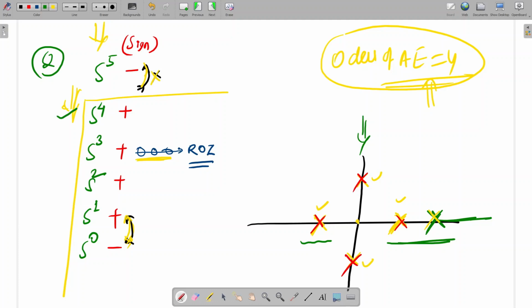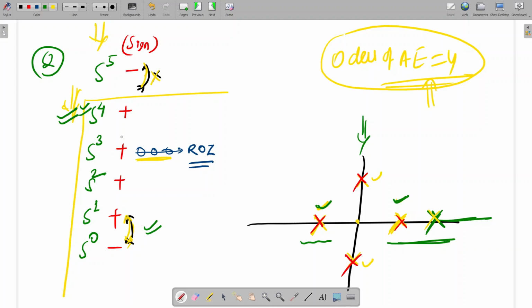Step 1 is the order of auxiliary equation is 4. So 4 poles will be there, which will be symmetrical with respect to origin. So if you go below the auxiliary equation here, one sign change is there. So out of these 4 poles, one pole will come in the right hand side. Similarly, its mirror image will come here. These two poles are symmetrical with respect to origin.